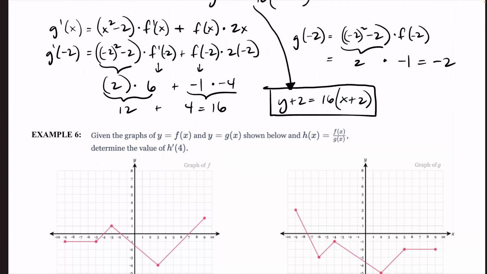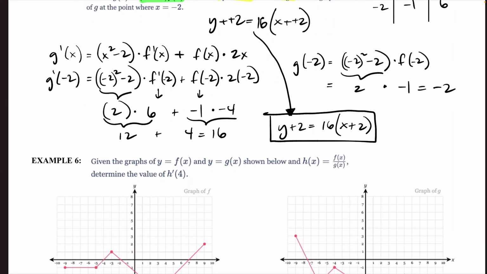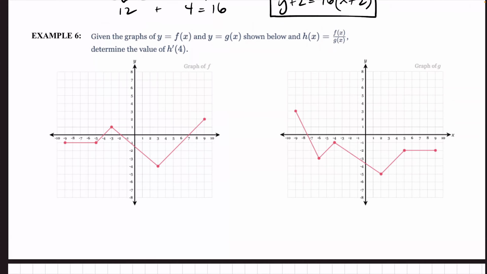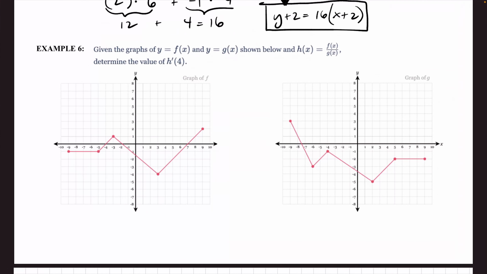So they give you two graphs, f and g, just like they've always given you in a table. The left one is f, the right one is g. H of x is those two divided, f divided by g. They want us to find h prime of 4. Okay, so we've got to find the derivative of h. We've done this actually, so we don't have to find the derivative, we did it on the front.